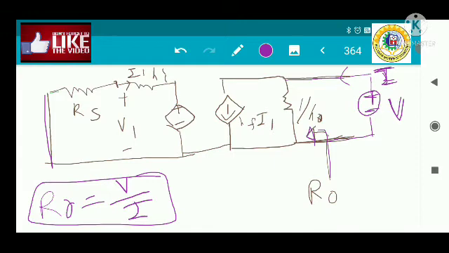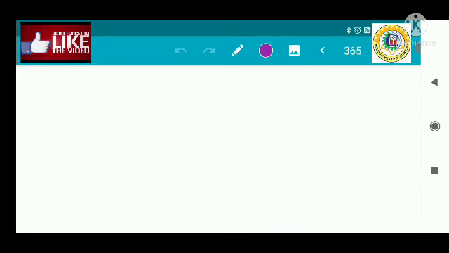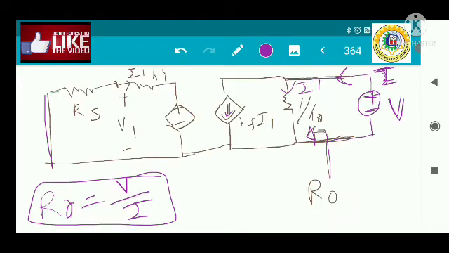Now this current I is the summation of these two currents, this current plus the current flowing through this current source. Suppose the current through the resistance is I dash. So I equal to nothing but I dash plus Hf I1. Okay, this current I is going into these two branches, one branch, two branch.